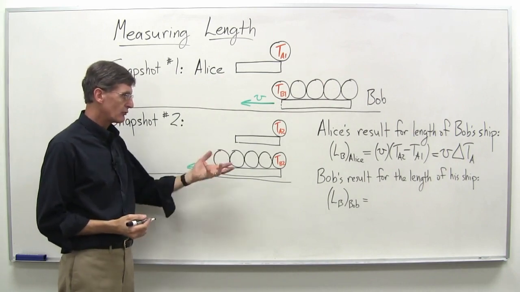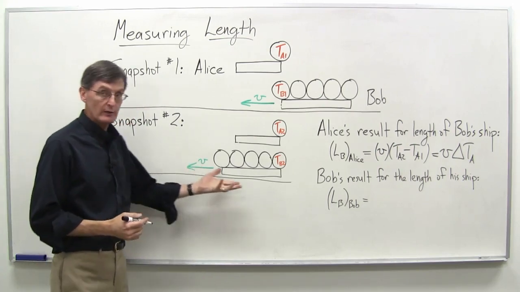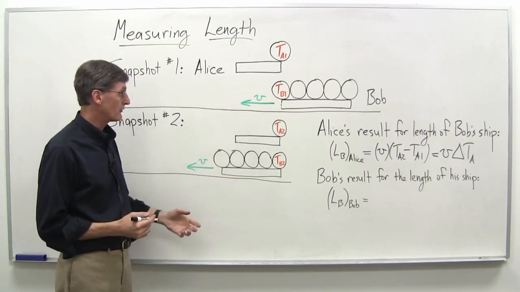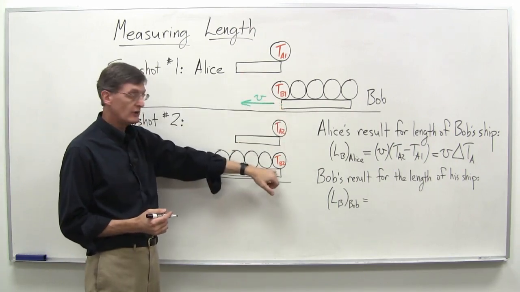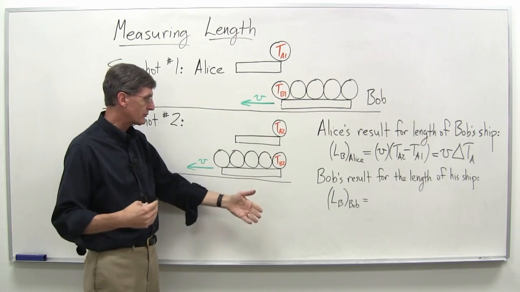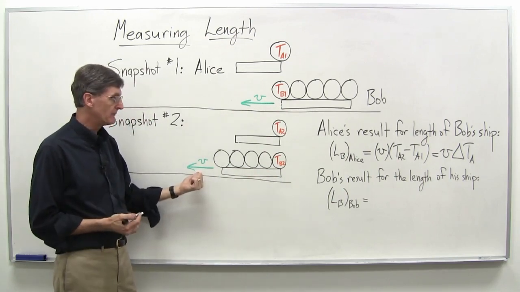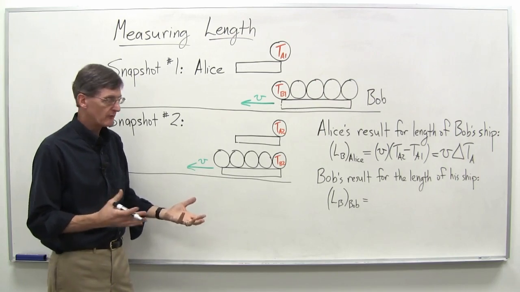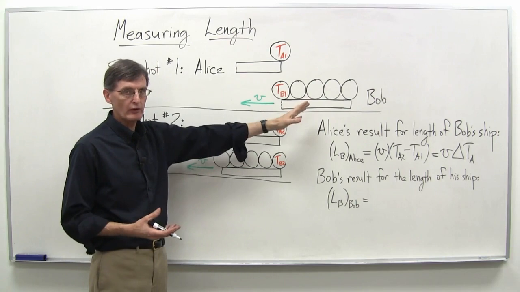And then Bob says, well, I can also get the length of my ship from our little experiment here, because the photographs record TB1 and TB2. So that's my elapsed time in terms of my clocks. I know I'm going at a velocity v, or really, you could think of it from his perspective as if he's at rest and Alice is going by.